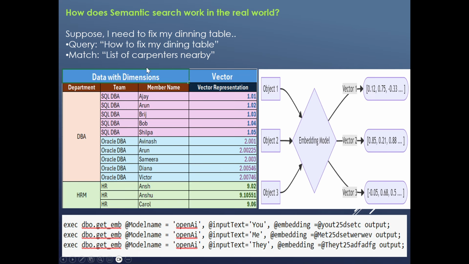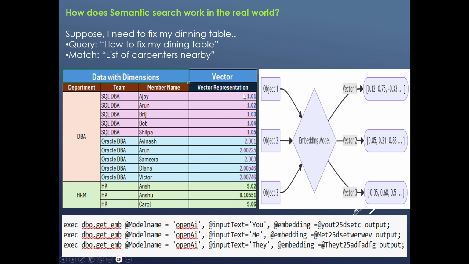Suppose I have these teams. One is DBA, which has SQL DBAs and Oracle DBAs, and then there is another team, HR. Here I am putting my embeddings in a vector data type, for each team member.